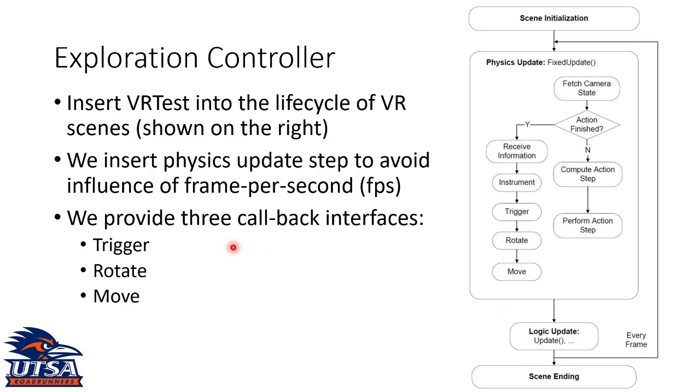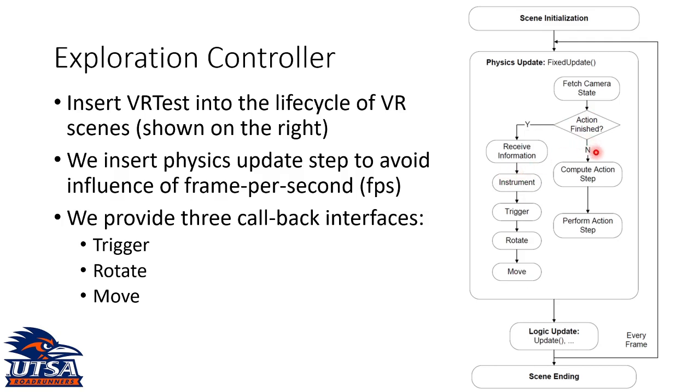We provide 3 callback interfaces: the trigger, the rotate, and the move, which are here inside the physics update. The exploration controller first fetches the camera state and checks if the action is finished. If it is finished, for example, moving from A to B is finished, then it asks the test strategy to find out what the next move should be, including instrumenting new objects, newly found or newly created objects.